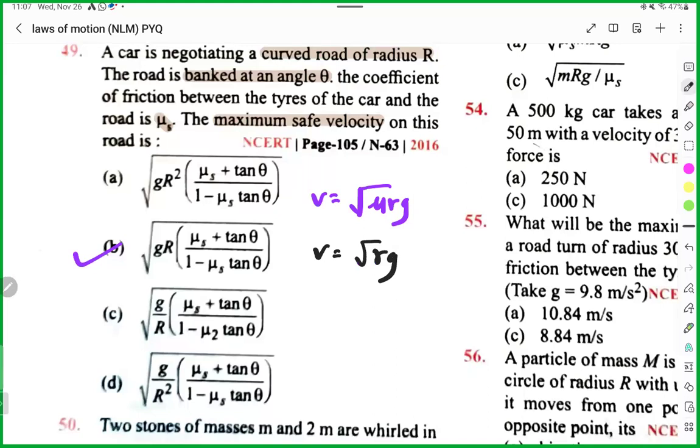Tan theta does not have any dimension. Mu does not have any dimension. Only in one option you have this. This is my trick to solve such a difficult question within 5 seconds. Even if you don't know anything about this, only this is correct. Understood?